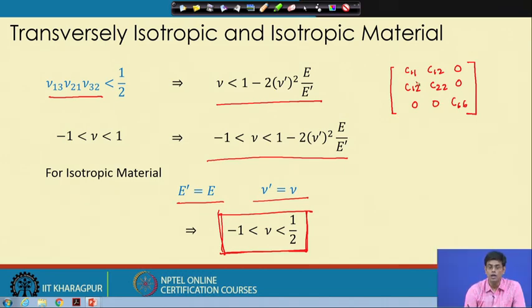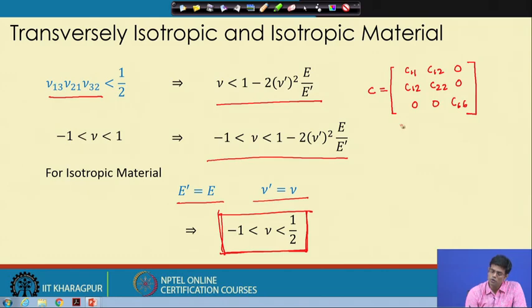So this is my C matrix. This C matrix has to be a positive definite matrix. To become a positive definite matrix, all its eigenvalues have to be greater than 0, and for any vector, all those conditions of a positive definite matrix are always there.